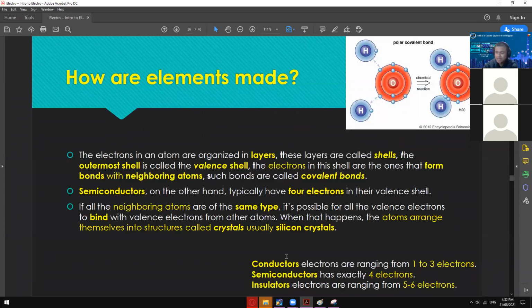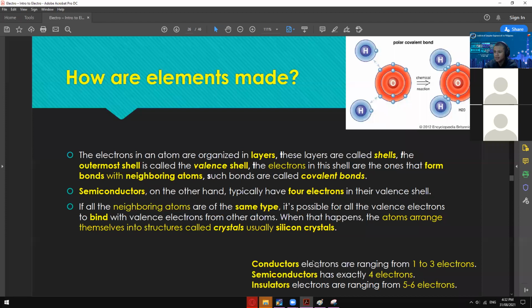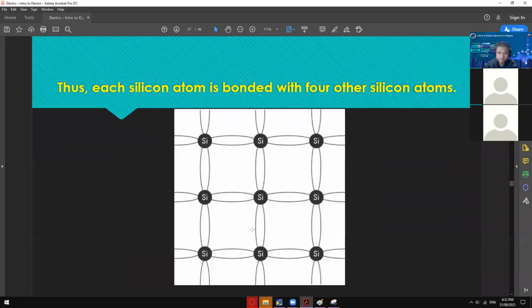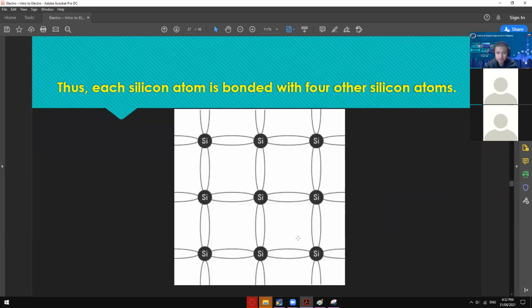So ganun din, hindi rin siya perfect as a semiconductor kasi nagiging more on the conducting side na siya. Okay, so if you want a perfect semiconductor, all of them must be silicons. Okay, like this one. So are you guys getting the idea so far on why silicon is the perfect semiconductor?